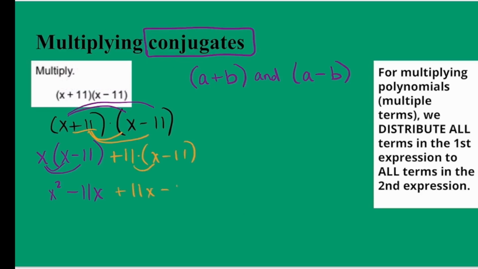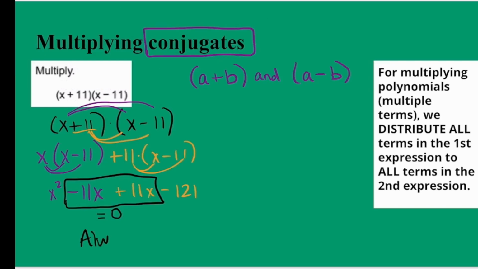11x minus 121. So this process you do with trinomials, it doesn't have to be two terms. The process that I'm showing you will work for everything. Here's the fun part. You still have two terms that combine. Negative 11 plus 11, that gives you 0.